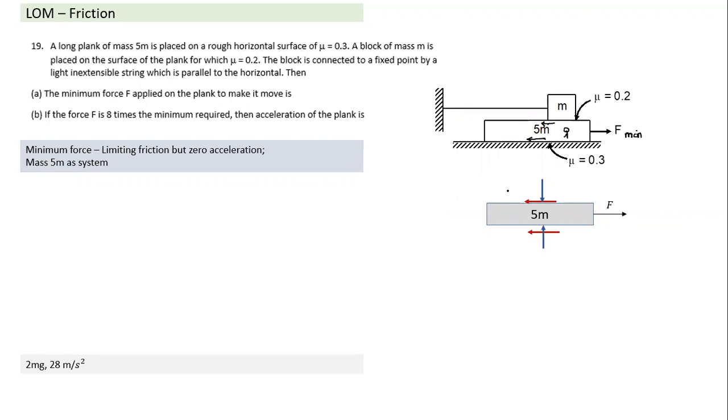And this friction is F1 max, and on the other surface it is F2 max. Both are maximum friction, and maximum friction depends on the normal reaction, N1 here. So what is N1 here? This is between surfaces: the top surface is this, and the bottom surface is this.